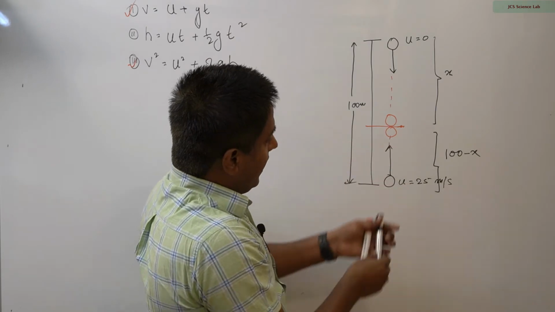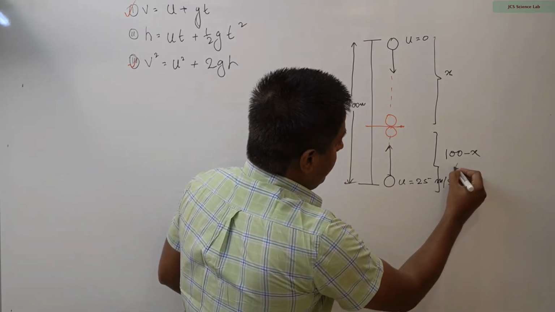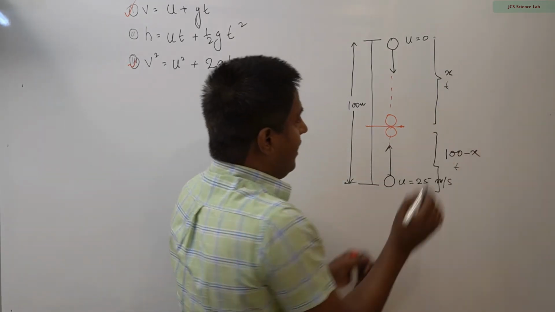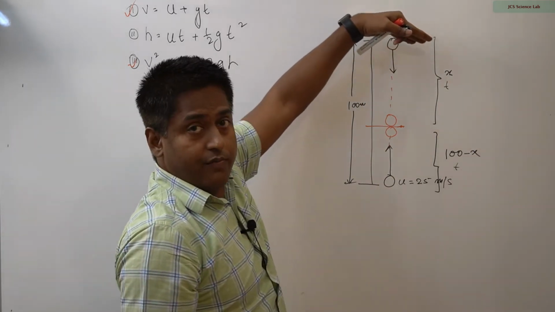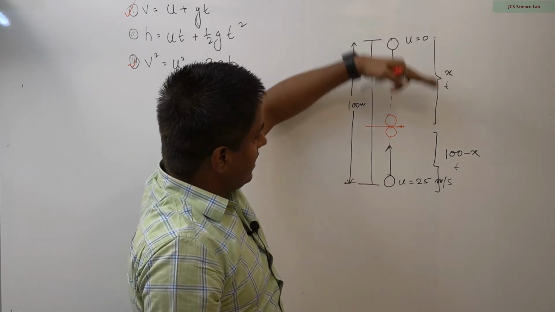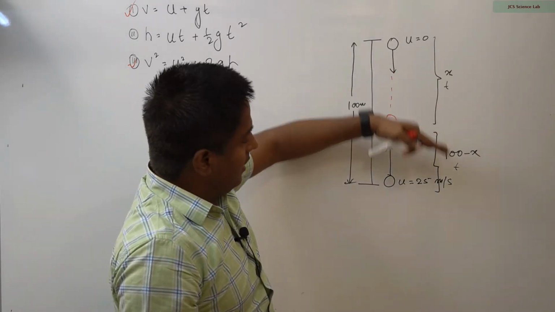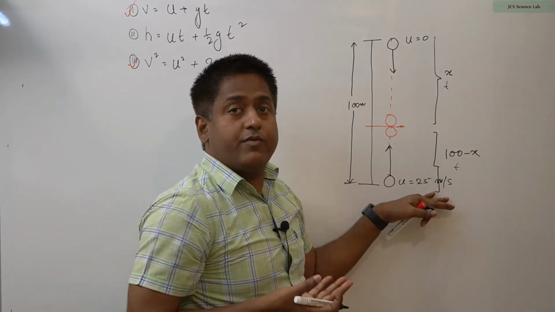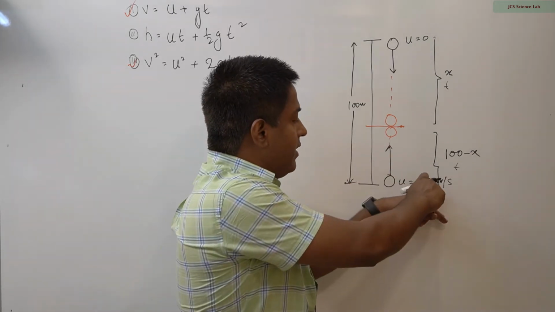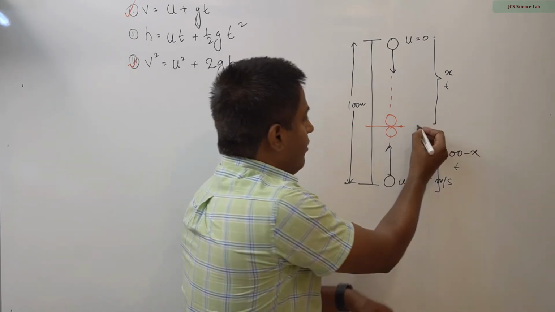It means that in time t, the first stone covers this height x. We don't know the height. And in the same time interval, the second stone, which was thrown at the same time, covers from here to here. So this is the meeting point.